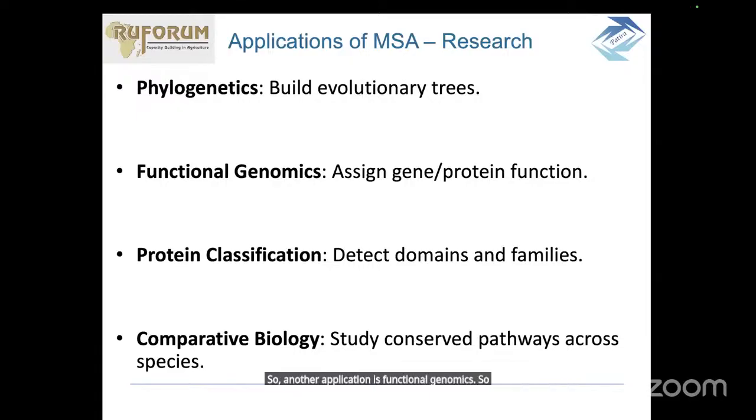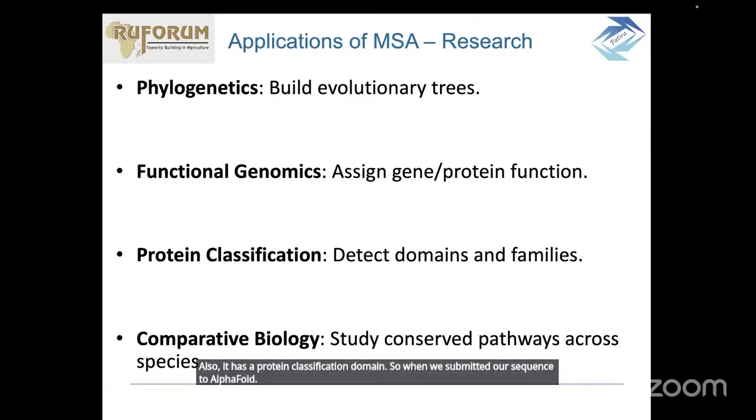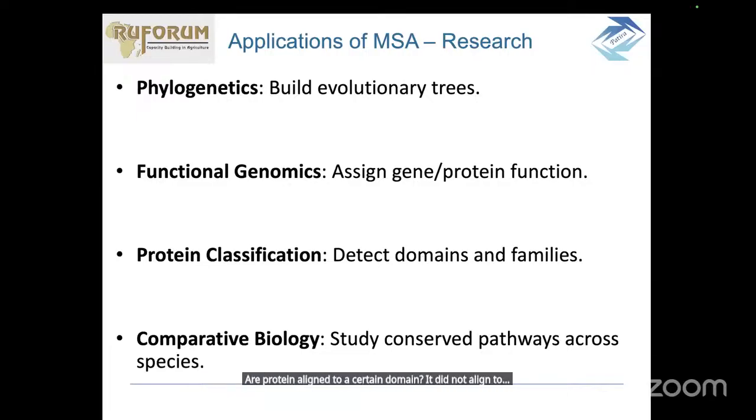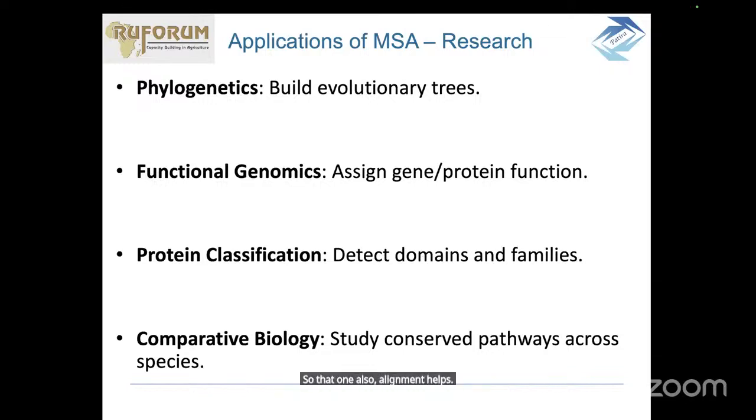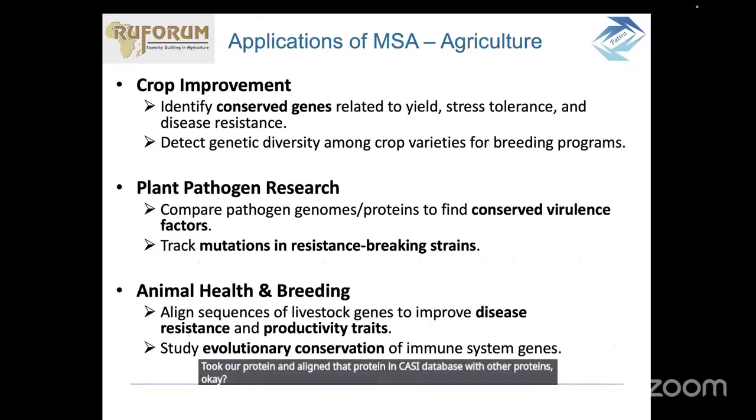So if you align your protein or your DNA, it helps you to assign a gene or protein to a function. Also, it helps with protein domain classification. So when we submitted our sequence to AlphaFold, our protein aligned to a certain domain. It did not align to any domain at random. So alignment helps because AlphaFold took our protein and aligned that protein in the database with other proteins. Okay.